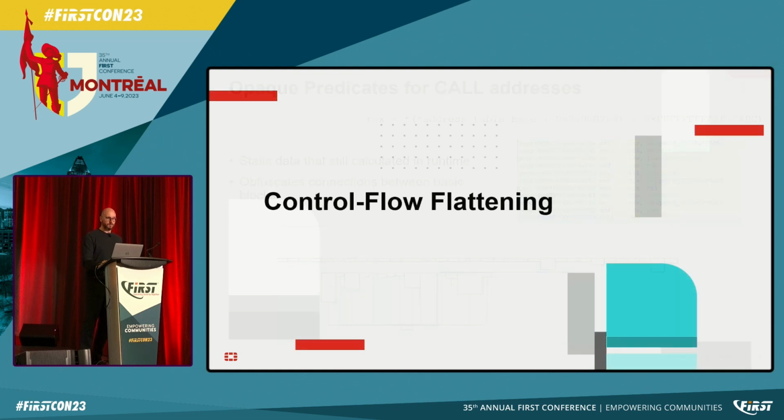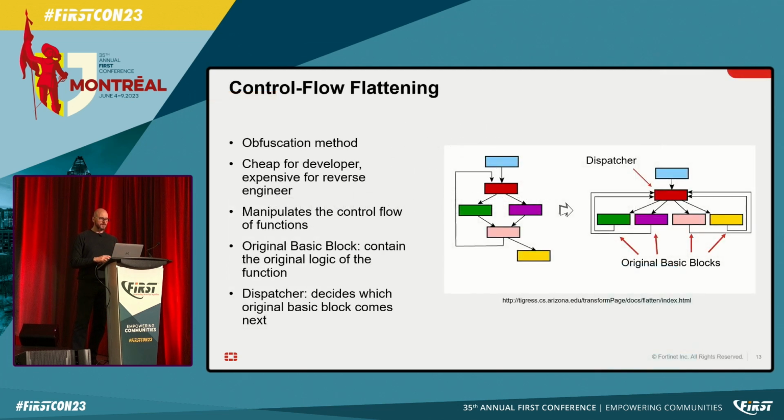And control flow flattening, as I said, this is kind of our main topic. If you're not familiar with that, a little bit of an introduction. The general idea is that we are trying to, surprisingly, obfuscate the control flow of a function. So it's applied to functions separately. The image is from Tigress.